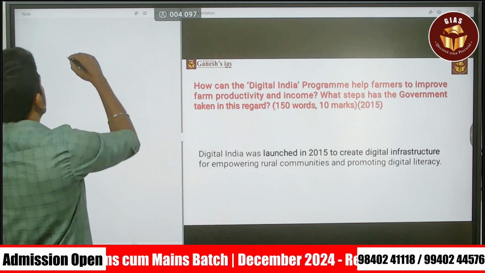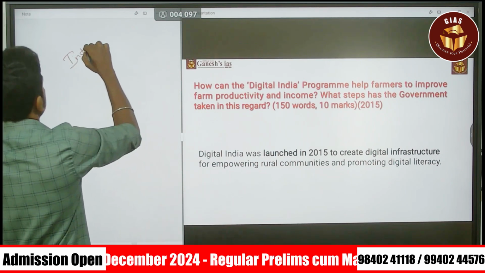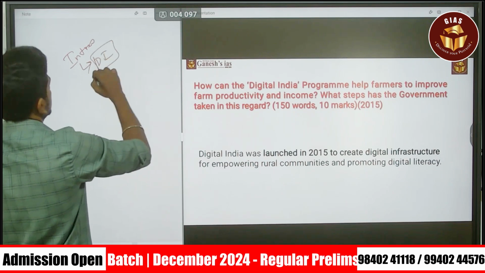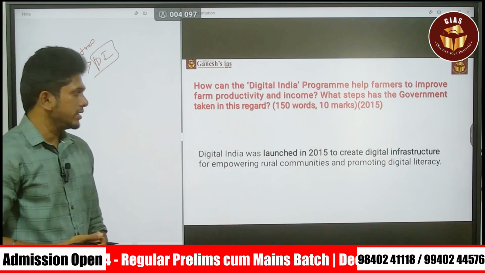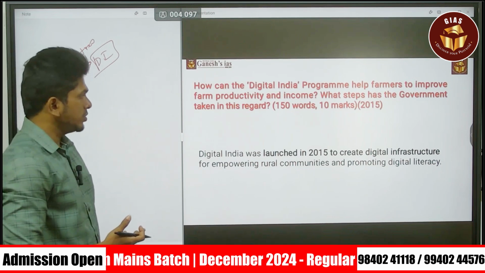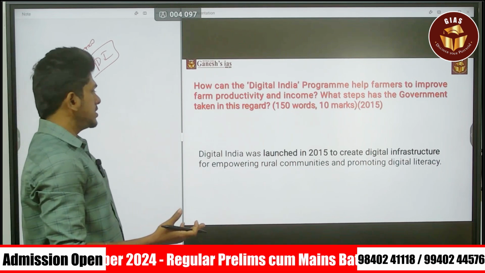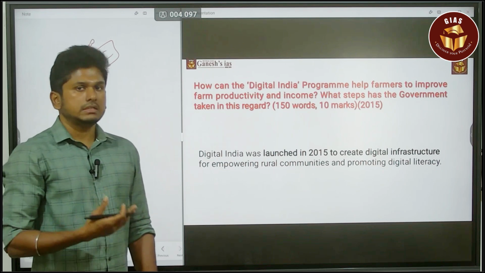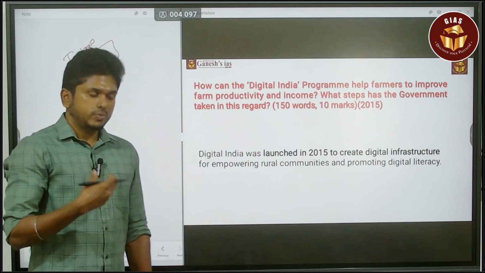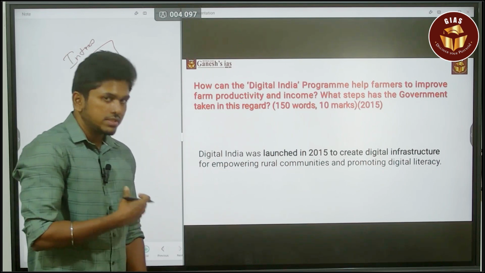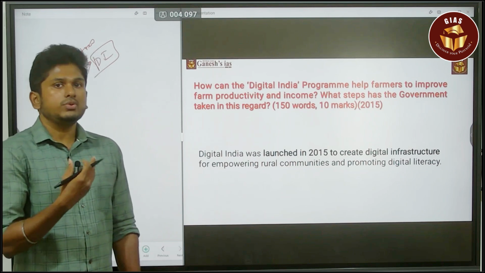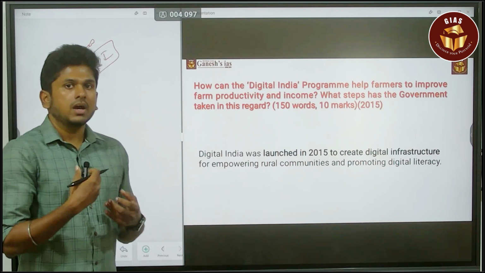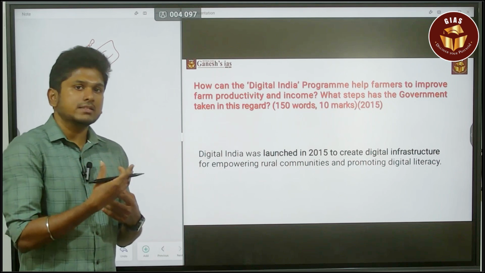So the intro will be: what is Digital India? You can simply say what Digital India is. Digital India was launched in 2015 to create a digital infrastructure for empowering rural communities and promoting digital literacy. Digital literacy is nothing but the ability to use apps or internet services, and also how to do transactions.